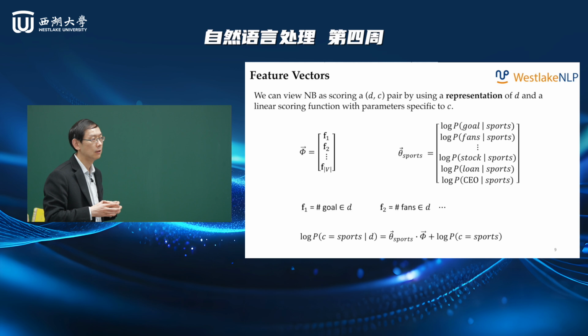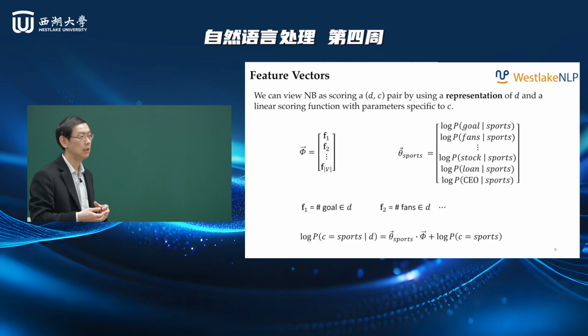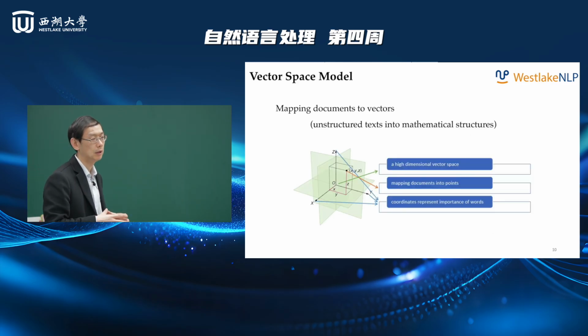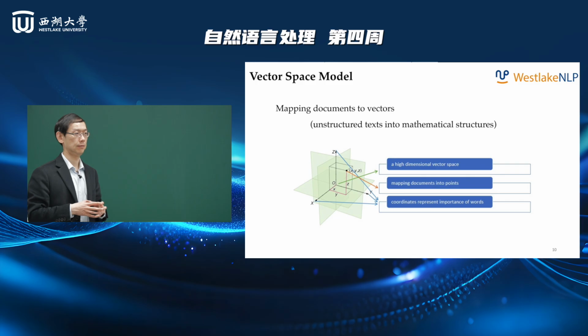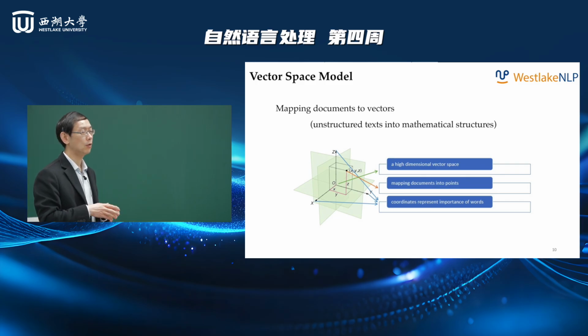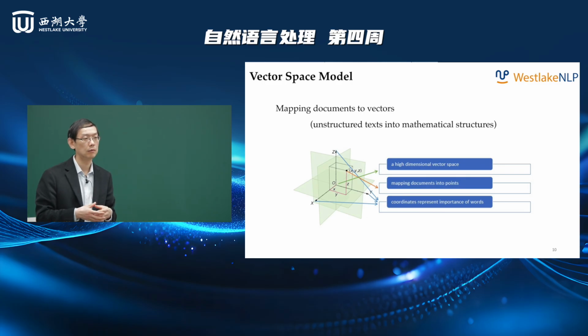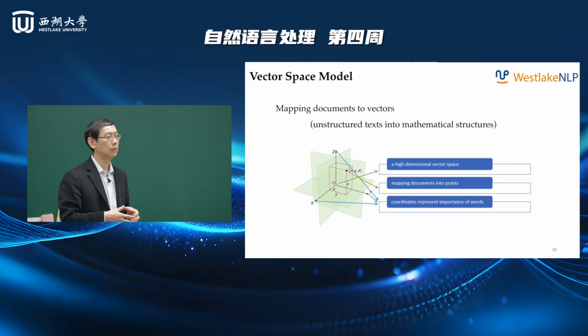So basically, when you map the document into a vector representation, you put the document into a high dimensional space. Each coordinate, each dimension, corresponds to a word. Where the document stays depends on how many times each word exists in the document.